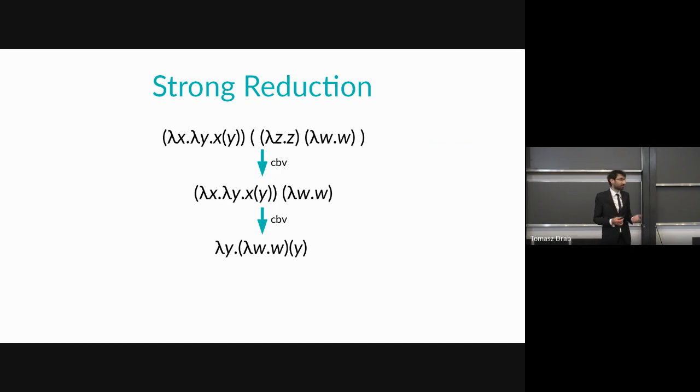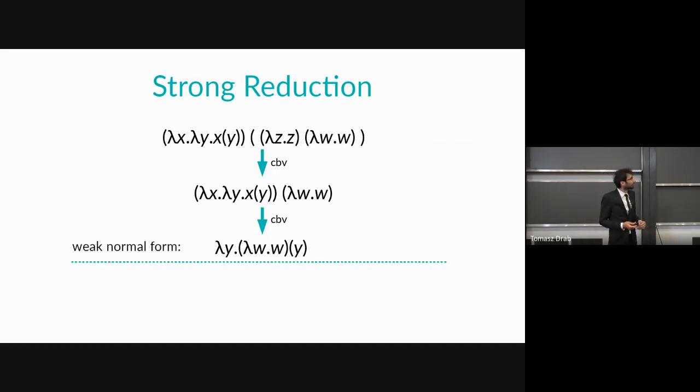In conventional functional programming languages, it is enough for computation to flow, but under the lambda, we see that there is still a function, lambda W. W, applied to a variable y.